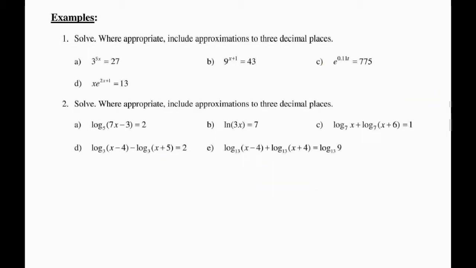Now, as we do letter C here, let me write it. We're going to convert this, since it's natural log, to natural log base e, and then this is our e that's there, and this is our exponent.